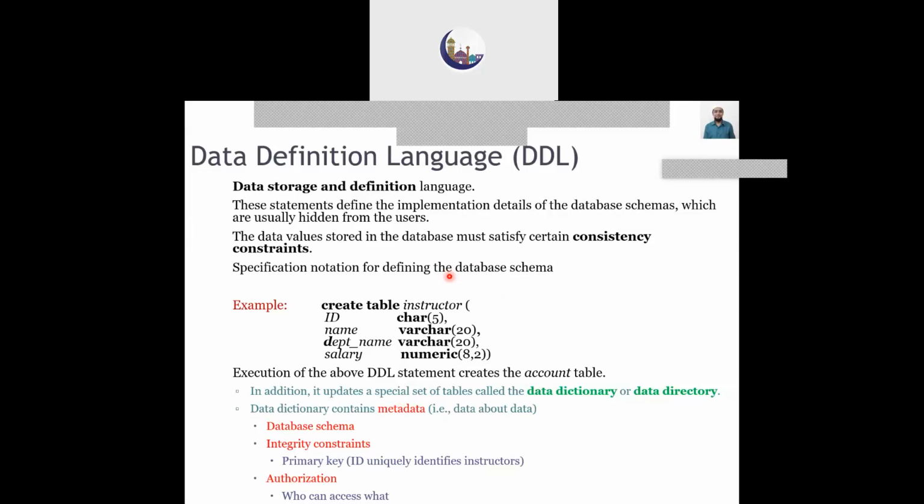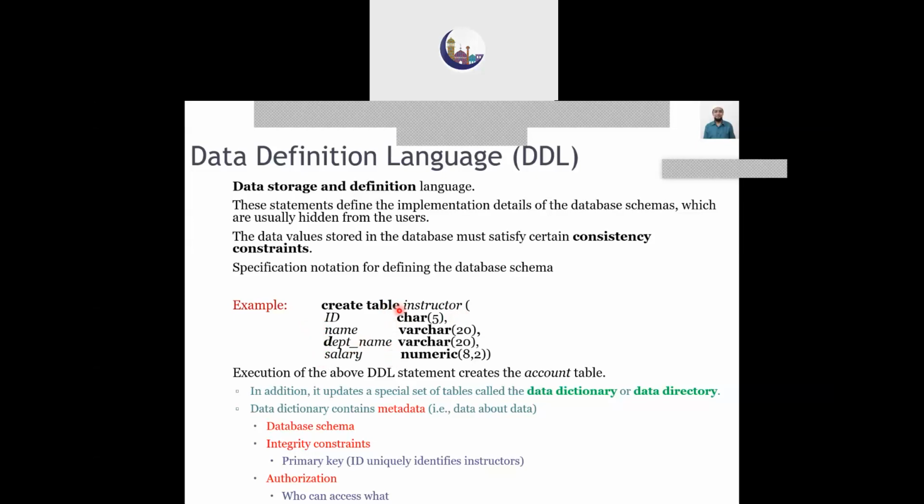Whenever we apply this particular command, it actually does 2 things for us. One is it tells the compiler that whenever the word instructor comes into existence, instructor means a table containing 4 columns, with the names of the columns so and so, and with so and so values that can be stored inside.